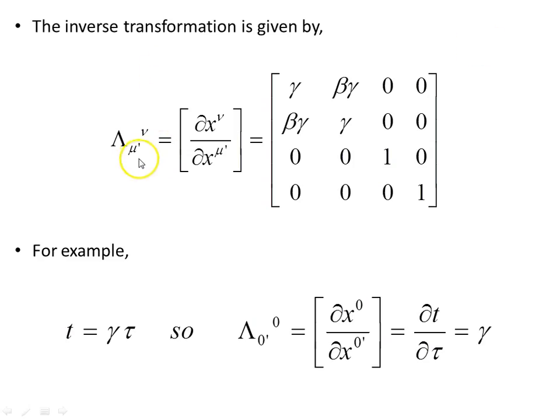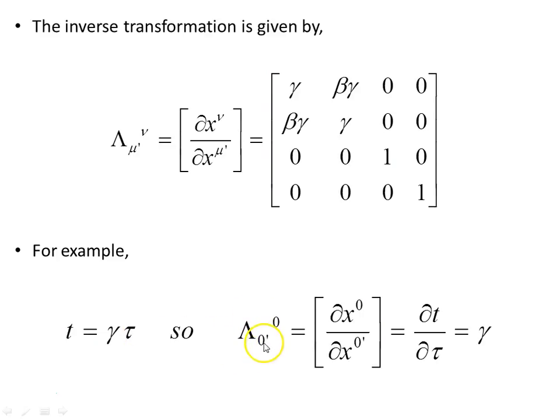The inverse transformation is given by, see how these are flipped? The matrix itself is flipped from the previous one, the primes are now down below, and notice here the minuses are gone. So for example, t, time measured in the S frame, is gamma times tau, time measured in the S prime frame, in the rest frame.